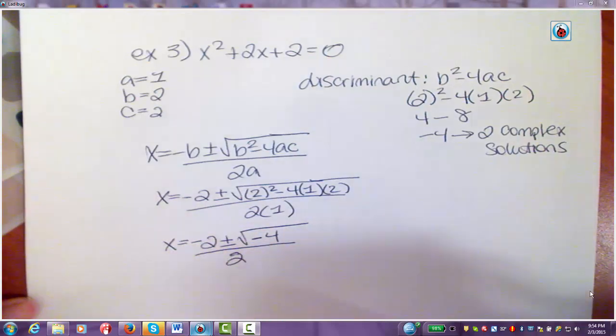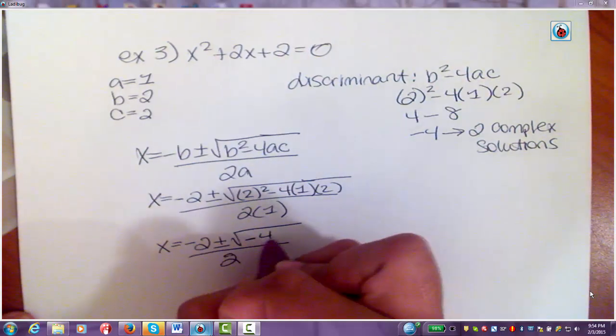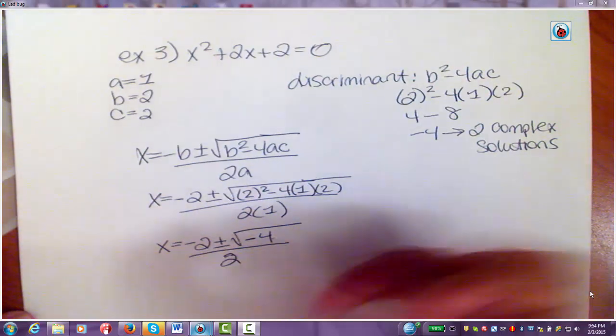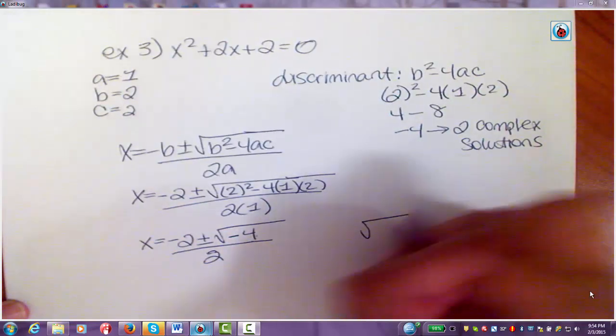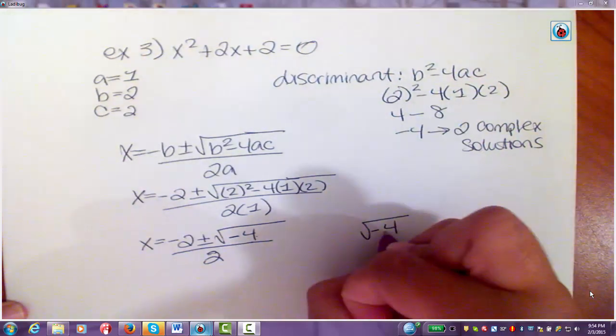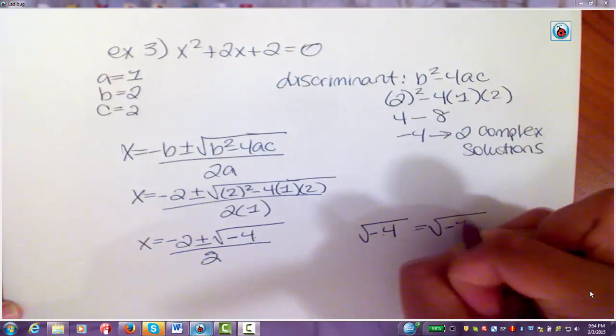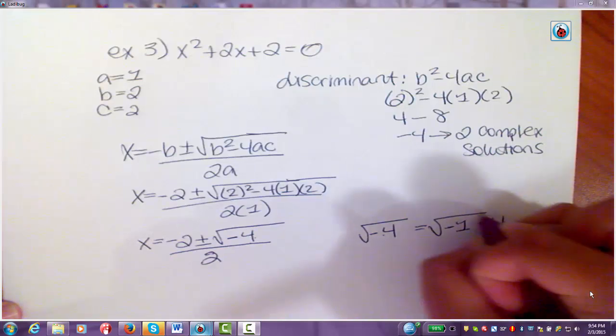Now remember, we have been learning about imaginary numbers, and the whole reason we have imaginary numbers is so that we can evaluate negative radicands. Remember, your radicand is the number that is under the radical, so in this case negative 4. So the way we simplify the square root of negative 4 is we rewrite this as the square root of negative 1 times 4.